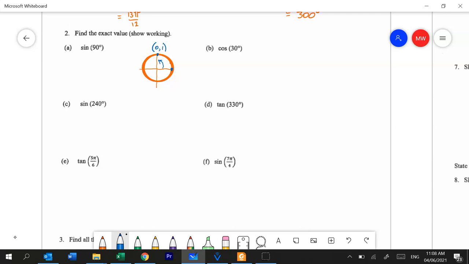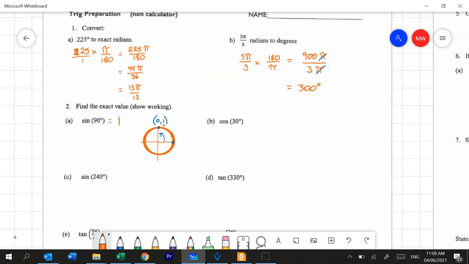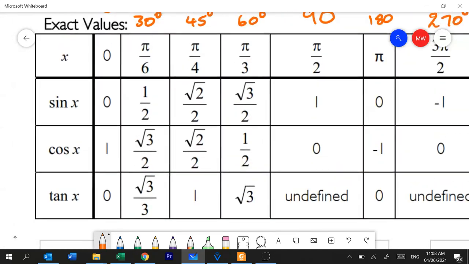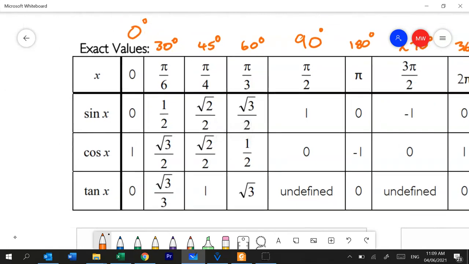So we can actually see here that the answer is 1, okay? So this one will be 1. Now, you can also get that from this table, okay? So remember that here you go, sine 90, the answer is 1, okay?